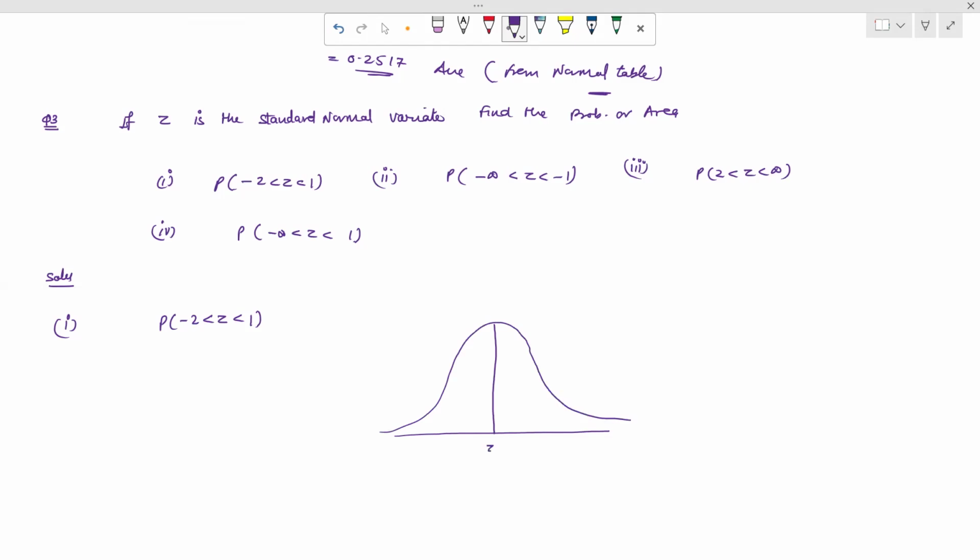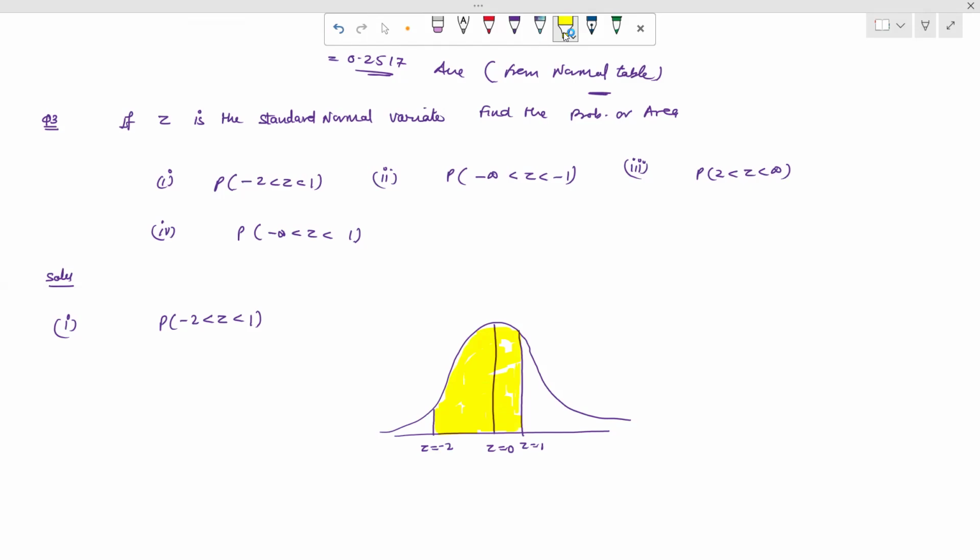Here z is equal to 0. Minus 2 lies this side, so this is z equal to minus 2 and z is equal to plus 1 is this side. So this is our shaded region, the required area from minus 2 to plus 1.